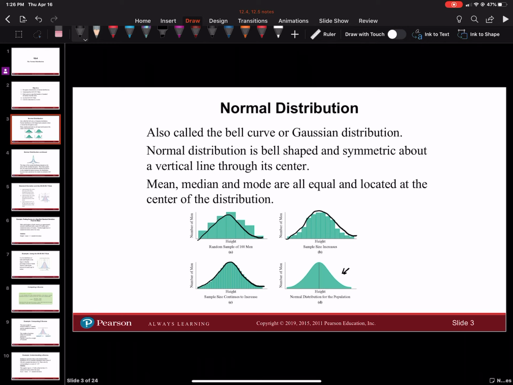All these have some type of bell-shaped curve, where in the middle is where the mean, the median, and the mode are all the same.